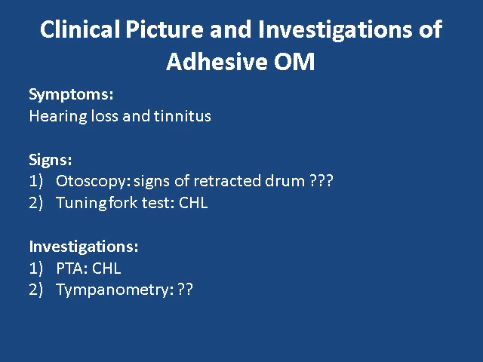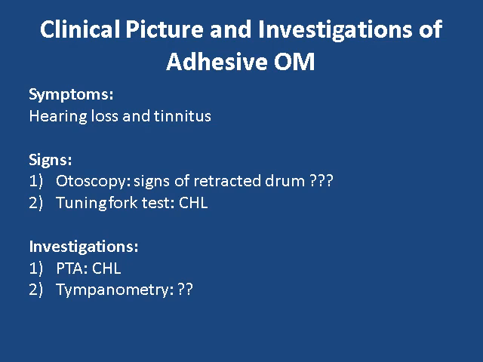What about the investigations for a case of adhesive otitis media? By pure tone audiogram you will find conductive hearing loss. Sometimes you can find mixed hearing loss. Tympanometry, you can find actually in textbooks some state that it's type AS, and other textbooks you can find they stated that it's type C tympanogram.